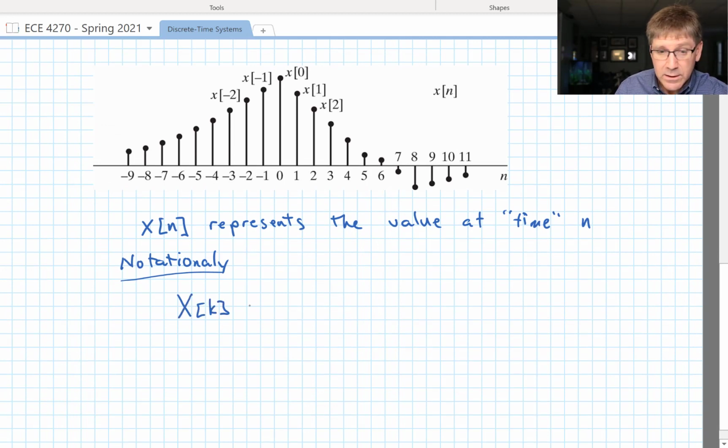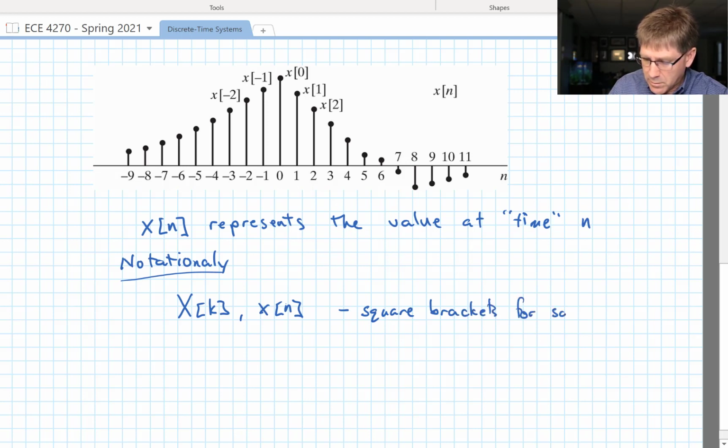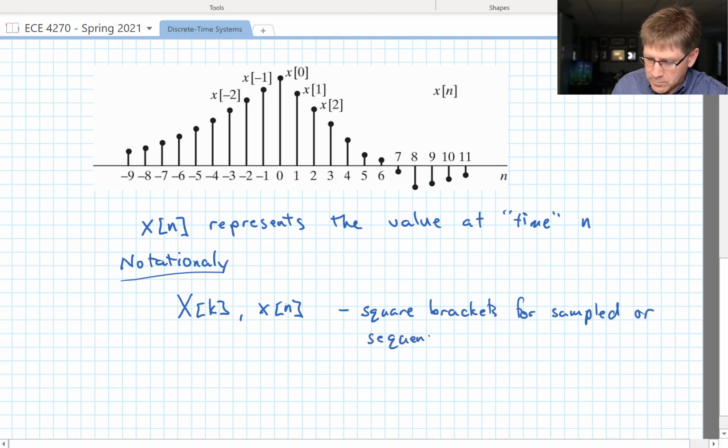So notationally, our textbook uses square brackets for sampled or sequence data, and the textbook uses parentheses for continuous data or continuous arguments.